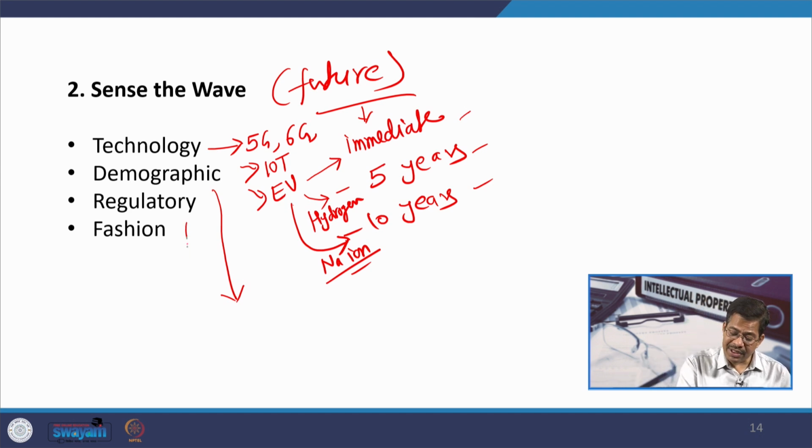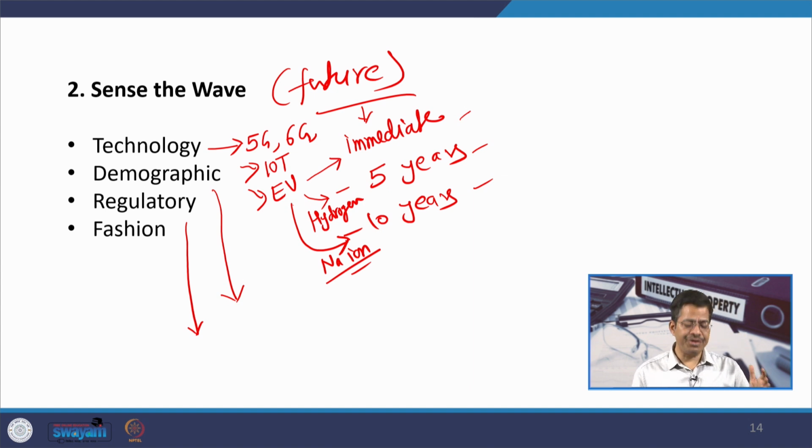How the regulatory changes will happen? We are committed towards net zero, and for our commitment to net zero, how we will discourage fossil fuel based energy and we will encourage renewable source based energy, that may be possible and for that regulatory changes will happen. Fashion etc.